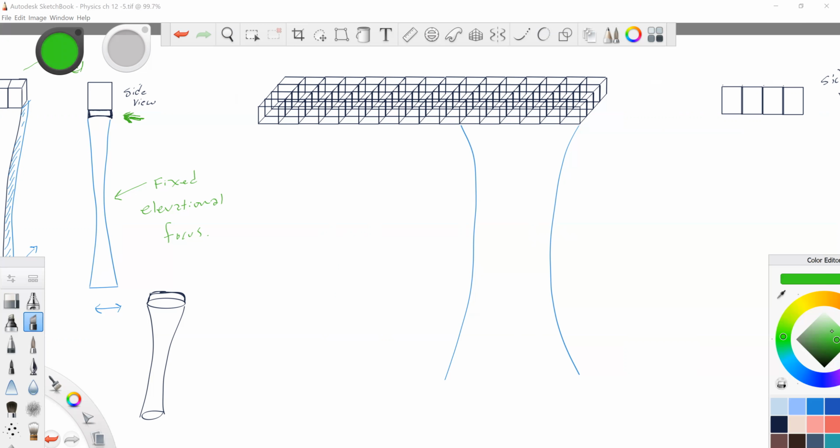All right. So we phased outside in to create a bowed wave front, which will come down to a point, a focus.